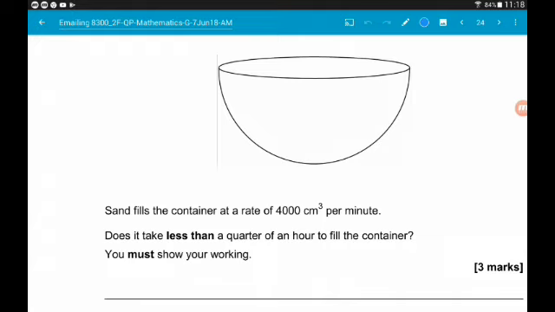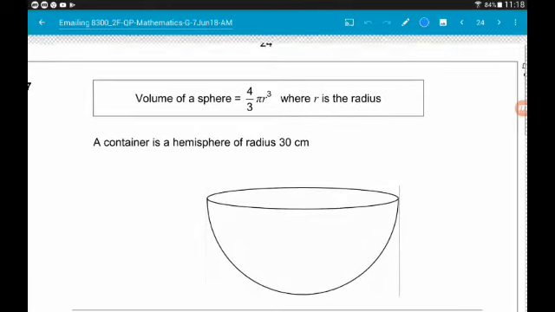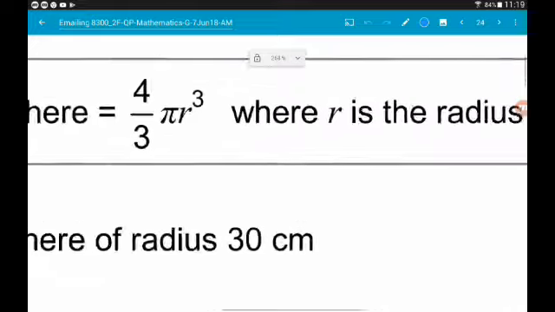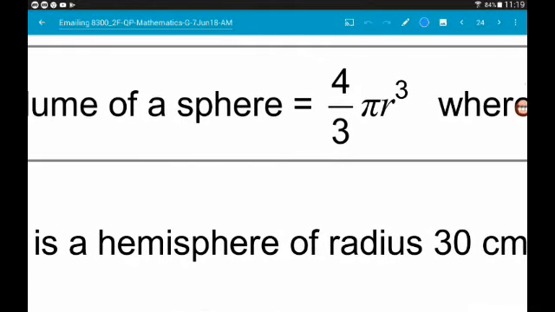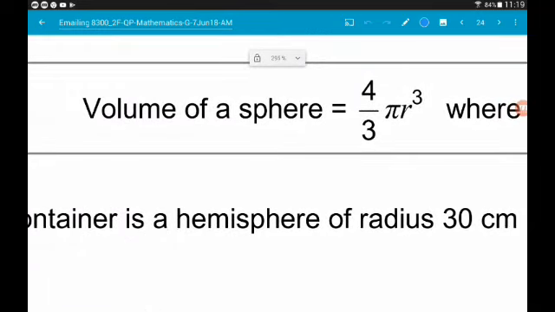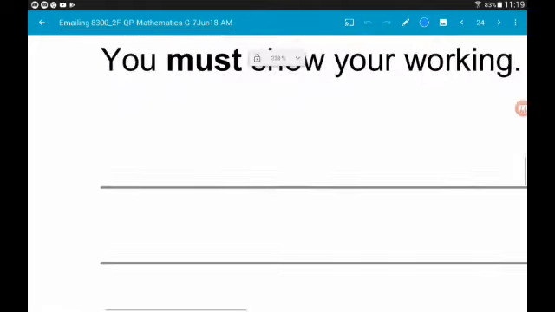and that's going to tell us how many minutes it takes to fill the container. So the volume of a hemisphere is going to be half the volume of a sphere. So if the volume of a sphere is 4/3 pi r cubed, then the volume of a hemisphere is 2/3 pi r cubed.